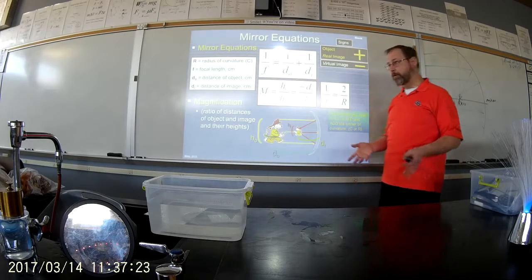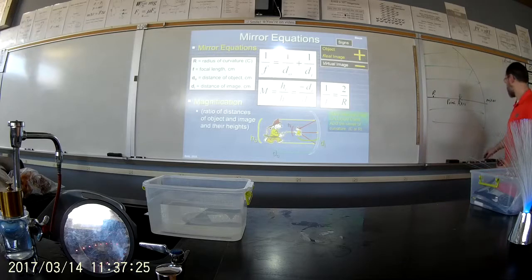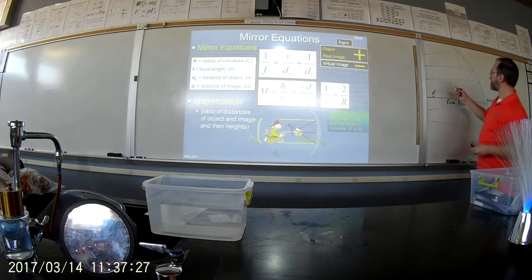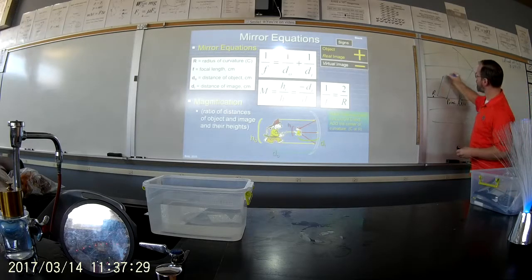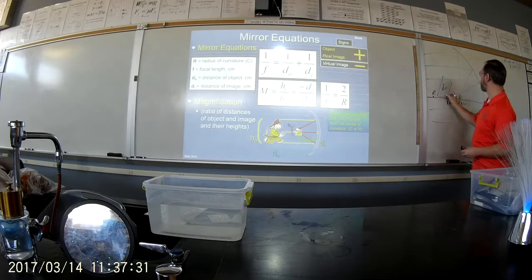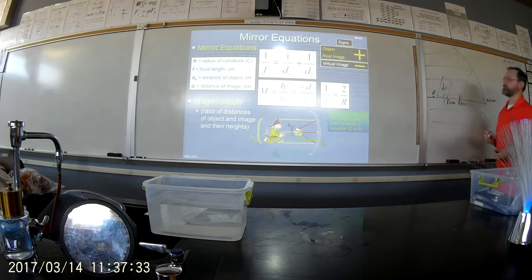Just to give you an example, I'm going to butcher the physics, but I'm just going to throw a number out here. If you had an object right there, this would be DO, from this point to the mirror. So far, so good? If it created an image that was over here, this would be DI, that distance to that point there.